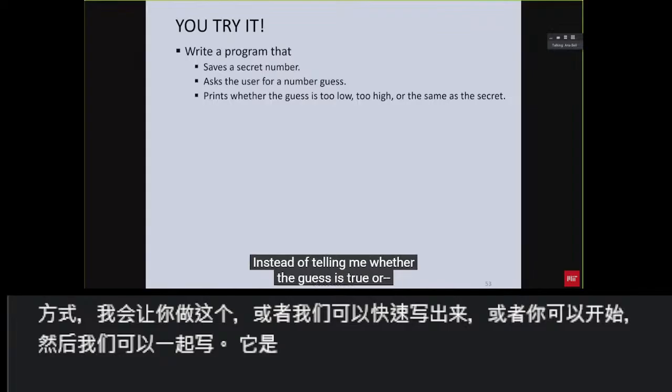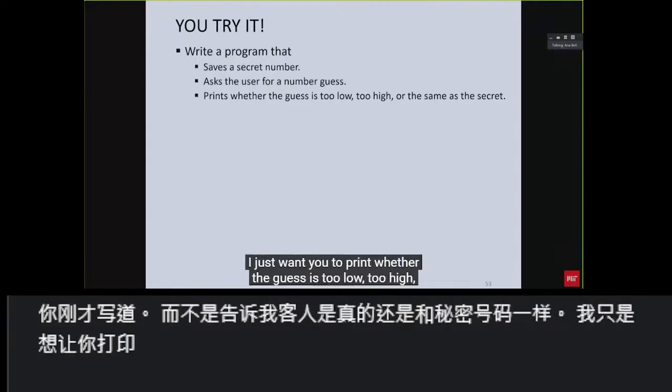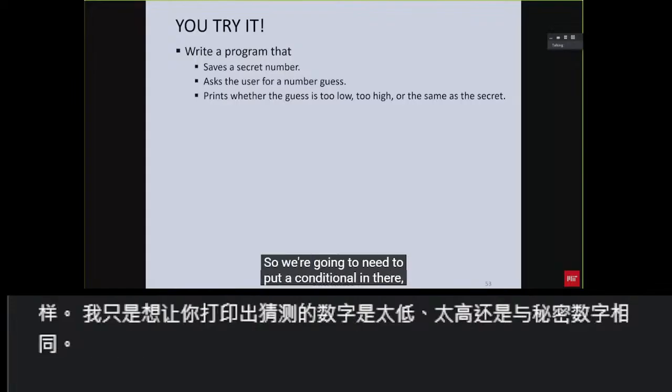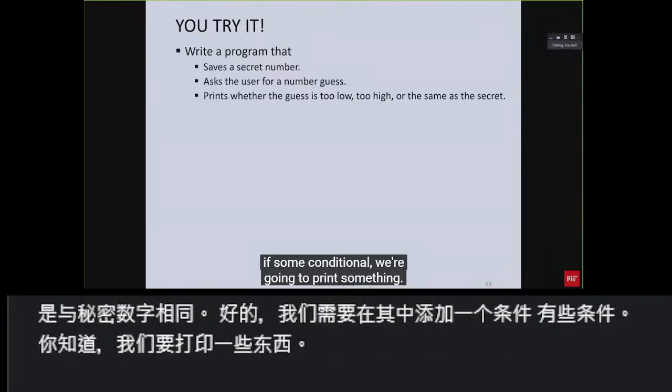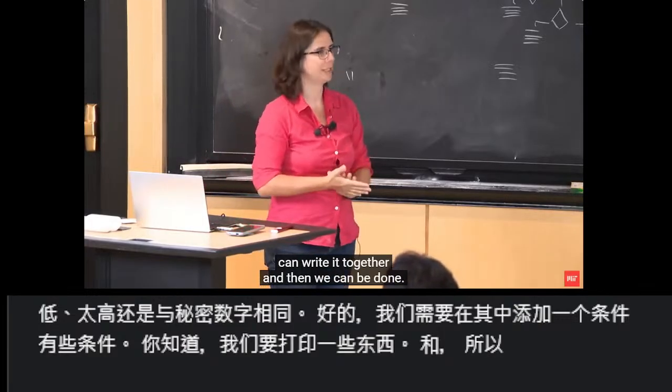Instead of telling me whether the guess is the same as the secret number, I just want you to print whether the guess is too low, too high, or the same as the secret number. Okay. So we're going to need to put a conditional in there. If some conditional, we're going to print something. And yeah. So I'll give you about a minute, and then we can write it together, and then we can be done.